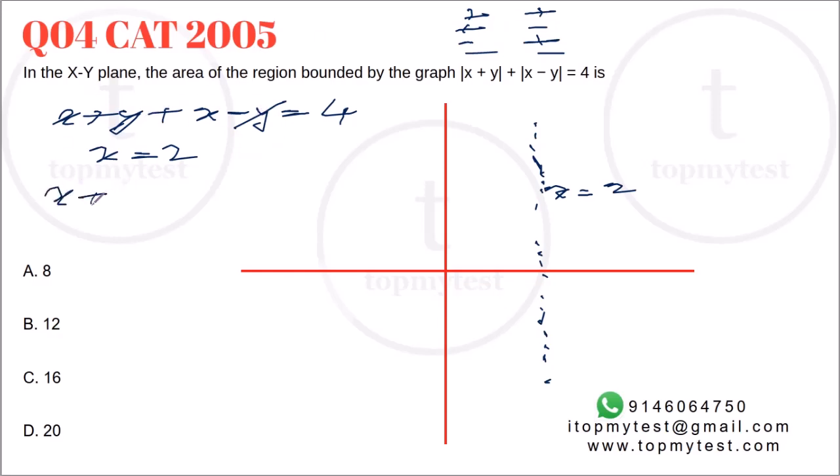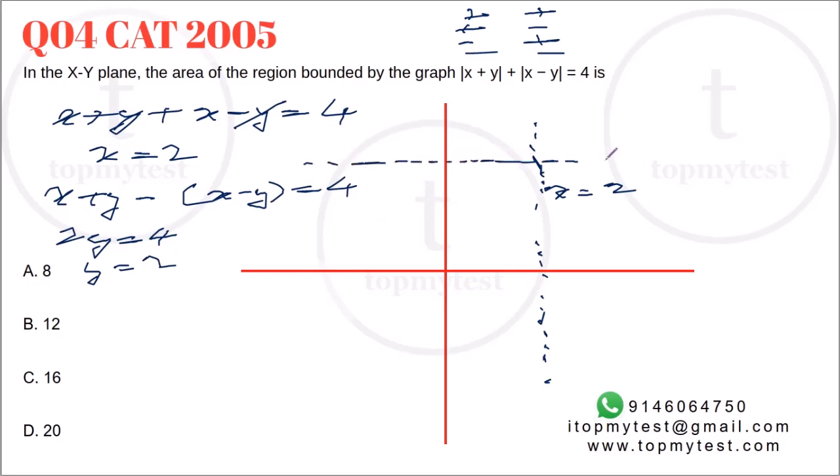So it will be x plus y minus of x minus y should be equal to 4. If you rewrite this, you will get 2y equals 4 or y should be equal to 2. So you'll get a part like this. Now, using symmetry, you know that one more line will be like this and a fourth line will be like this. This is again a square, right?